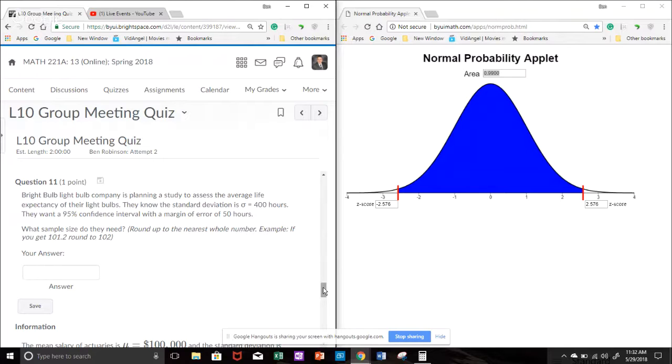When we put that in there, the sample size formula is the z-score times the standard deviation divided by the margin of error. And so we need to put this in here at 95.